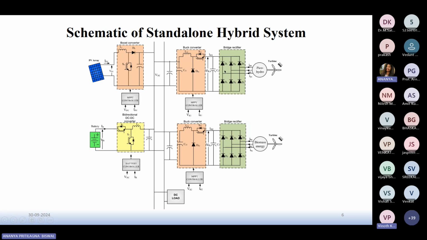The picohydro is connected through a diode bridge rectifier, and after converting to DC through a buck converter it is connected to the DC link. Similarly, biomass is also connected through a diode bridge rectifier and through a buck converter to the DC link. We are feeding it to a DC load. All the converters are connected through their respective controllers.